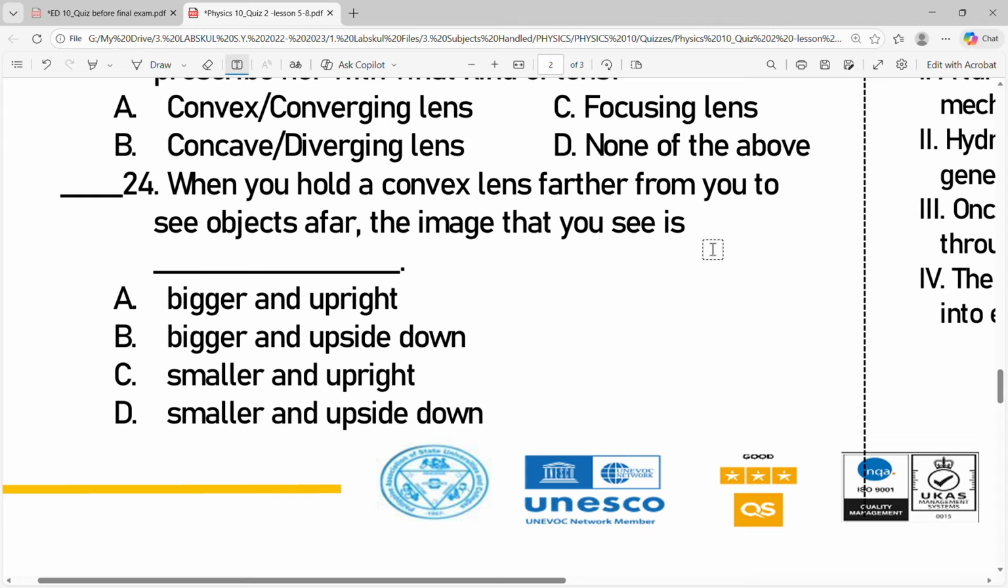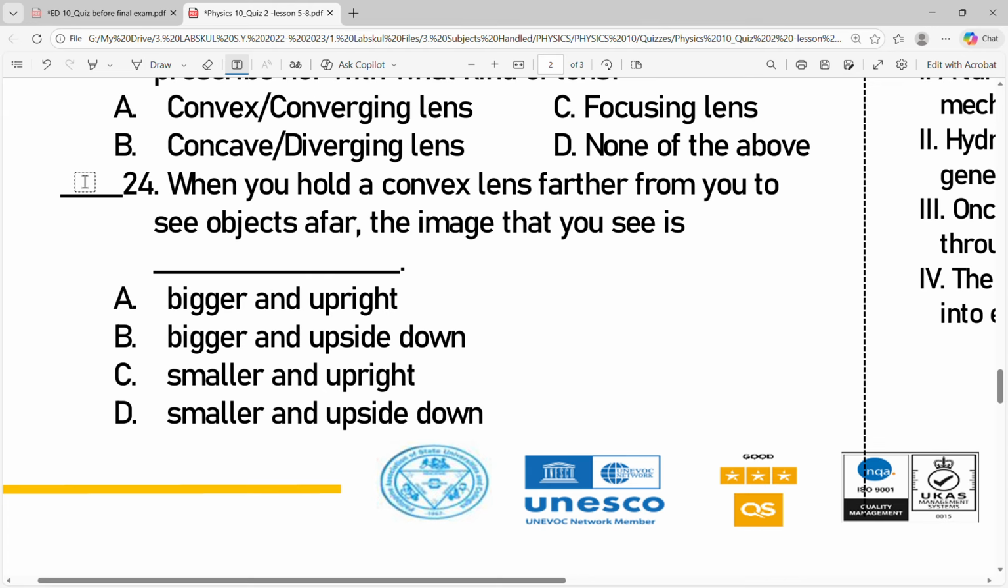For you to see the objects from afar. So what happens is the image is now inverted. Kay inverted siya, it's a real type of image which agrees to the fact that if the image is located in front of the mirror, what happens is it's inverted because it's already a real image. And at the same time, if it's very far from you, the image becomes smaller.